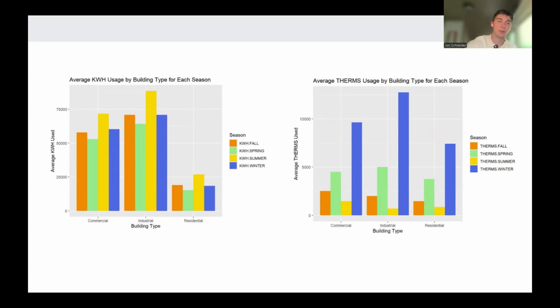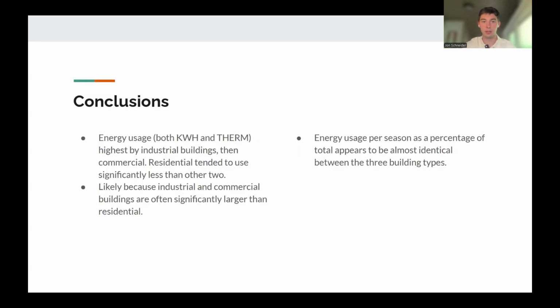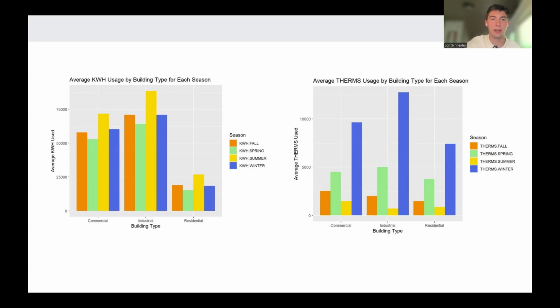And it's kind of the same for kilowatt hours. Summer, then it's close between fall and winter, and then spring brings up the rear for all of them. So even though the quantities themselves are different, the proportions look similar. And to revisit that initial conclusion about industrial being the highest, then commercial, then residential, you can also see that in both the graphs here.